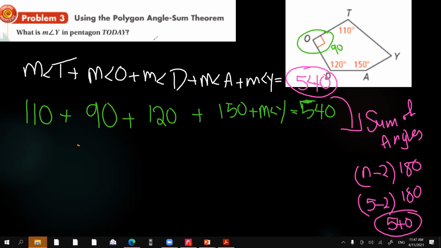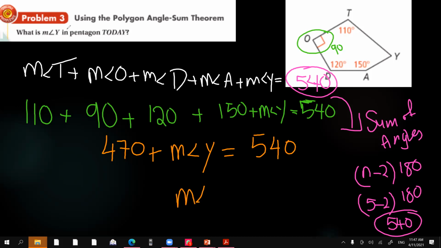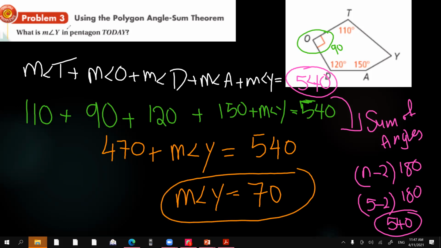So 110 plus 90 is 200, plus 120, plus 150, is 470. So 470 plus the measure of angle Y is 540. So by subtracting, you will find that the measure of angle Y will be 540 minus 470, which is 70 degrees.